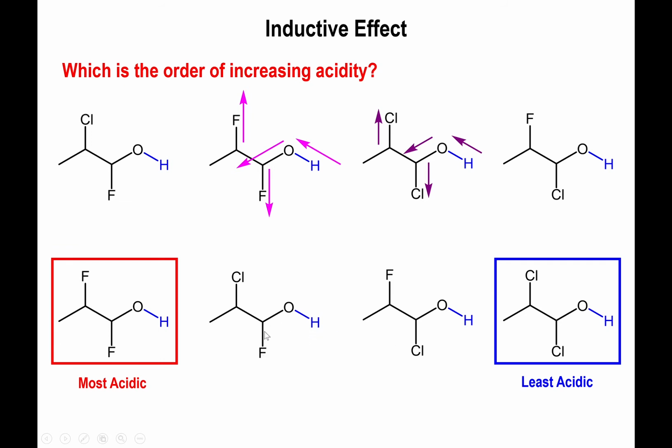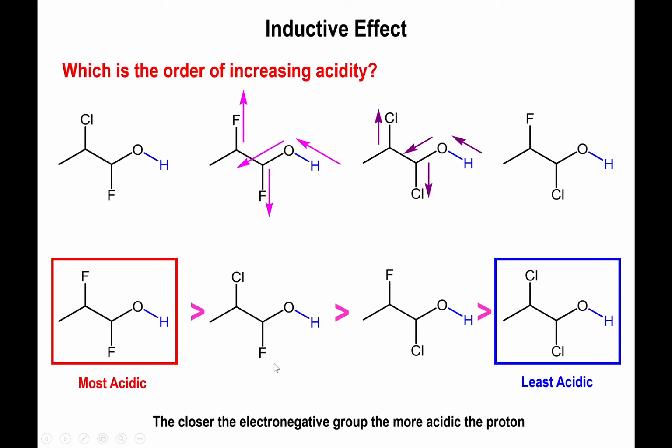And for whichever the case that happens to be, you will end up with the most acidic counterpart between the two. So the molecule here has in fact that fluorine right next to the OH bond, whereas this one has the chlorine. Fluorine is more effective at withdrawing electron density than chlorine. Therefore, this molecule is going to be more acidic than that one.